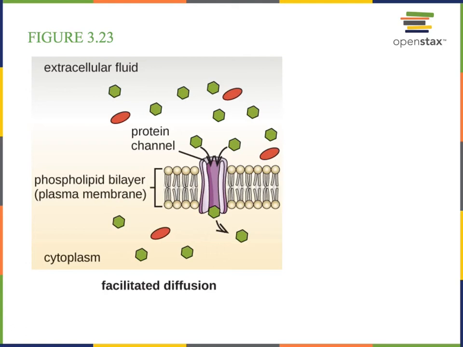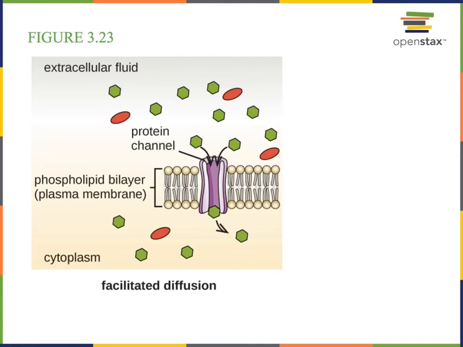Now, another mechanism is facilitated diffusion. This is where we basically use a protein channel. So here's our carrier protein, or our protein channel. What it does is it creates an environment that is conducive for the solute to work its way across our membrane.